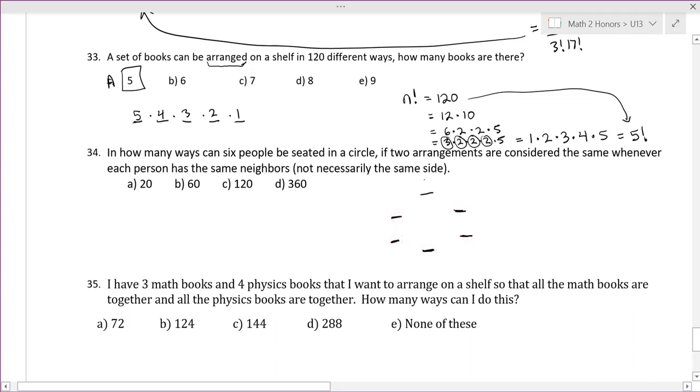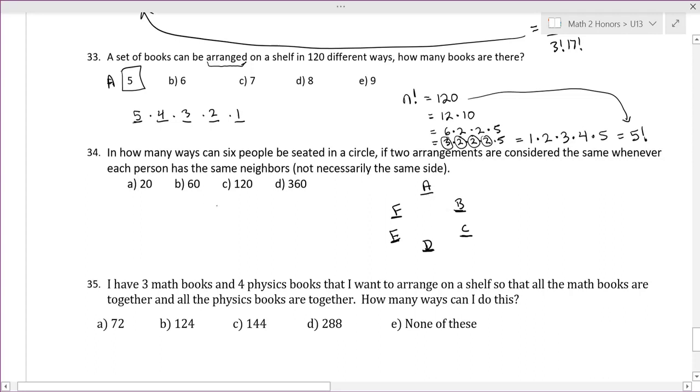Okay, so let's look at one arrangement. A, B, C, D, E, F. And so you might say, hey, there are 6 different spots here. Where I put the A, if there are 6 people, how many different people can I put in spot A?